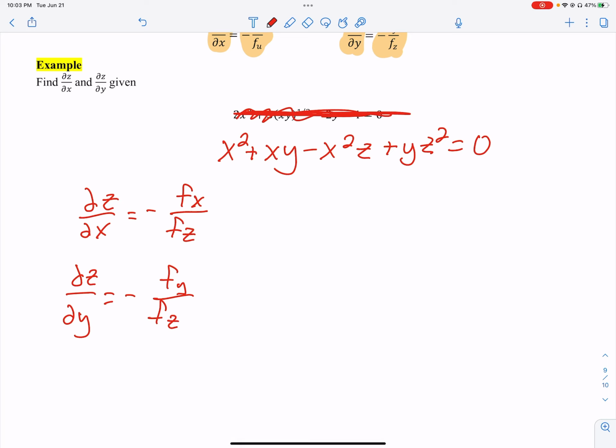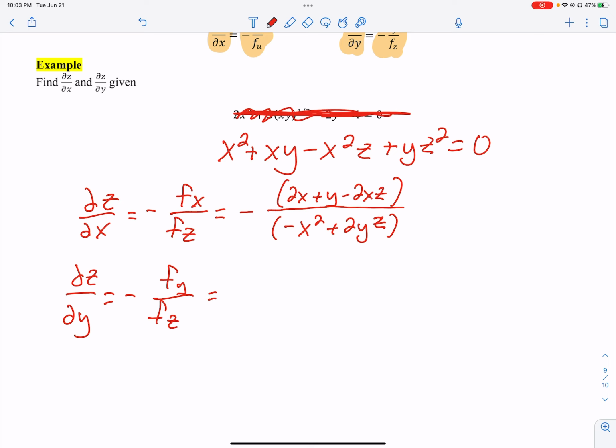Take the partial of, not with respect to. So I get negative, and then I just take each one of these. I get 2x plus y minus 2xz on top. On bottom is with respect to z, so I get negative x squared plus 2yz. So there's a good answer. That is the partial of z with respect to x.